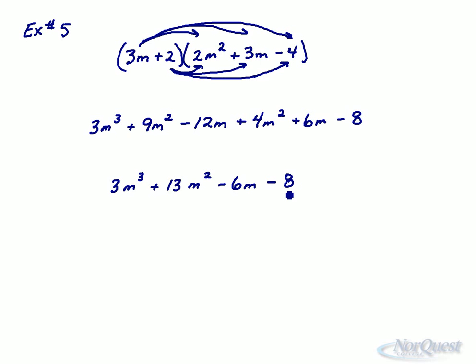Alright, let's look at a couple harder examples to wrap this up. Example number 6. We're going to do a binomial 3x minus 2 into a polynomial that's got brackets within brackets.